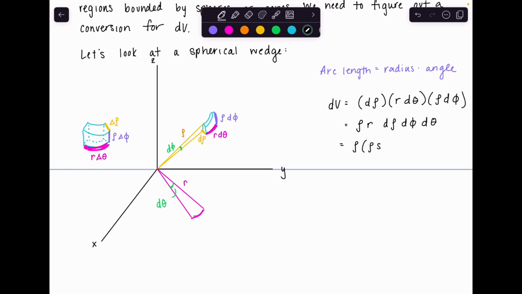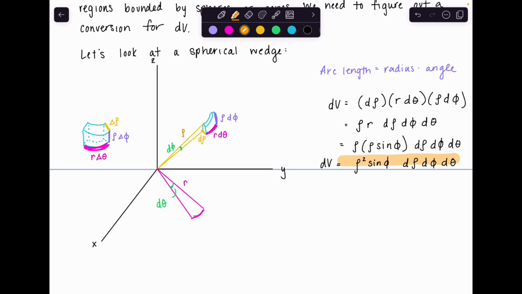That's going to be rho sine of phi. And then we've got d rho, d phi, d theta. So ultimately combining those things, dV is going to equal rho squared sine of phi, and then d rho, d phi, d theta.